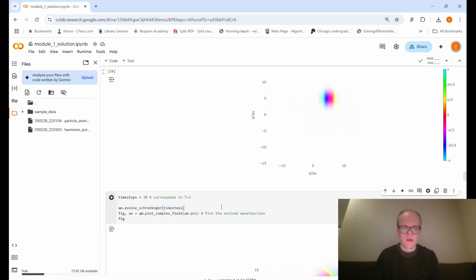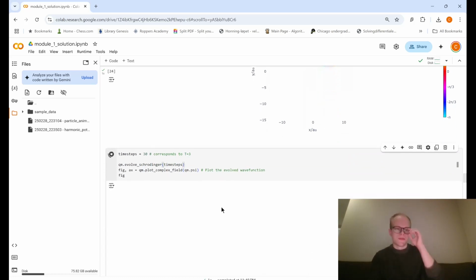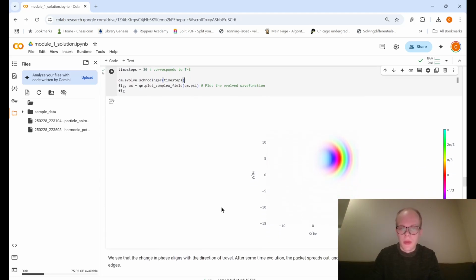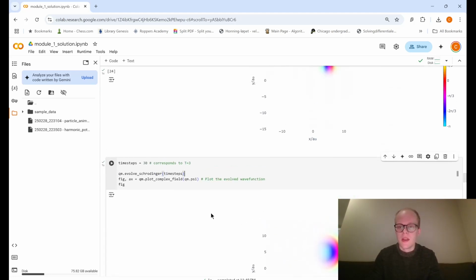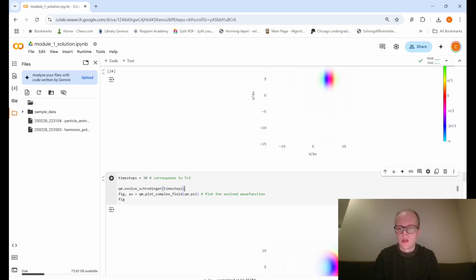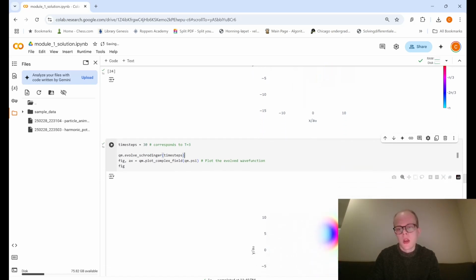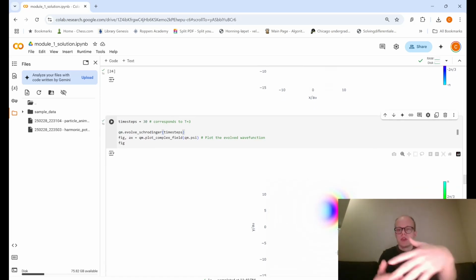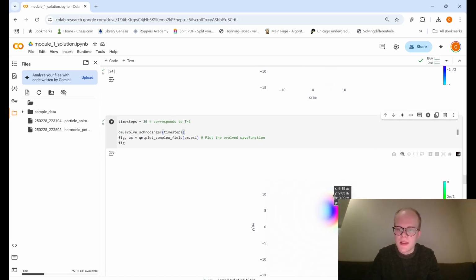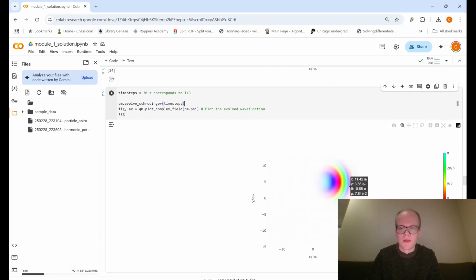So let's run time evolution to see if that is what happens. So we run the time evolution. We see, indeed, it starts moving in the positive x direction, and the wave packet bends off. It has these circular lines and bends off and moves to the right.